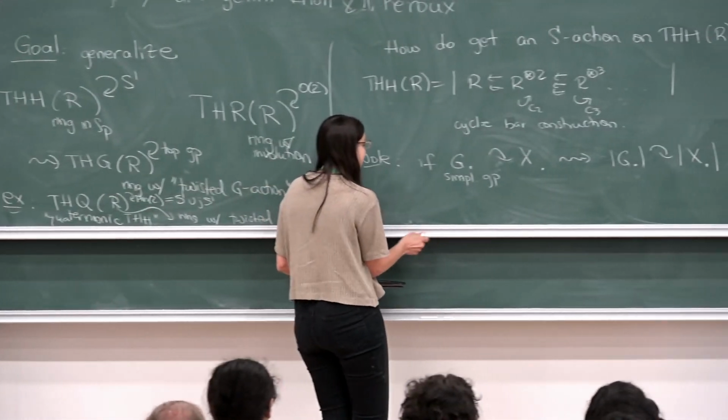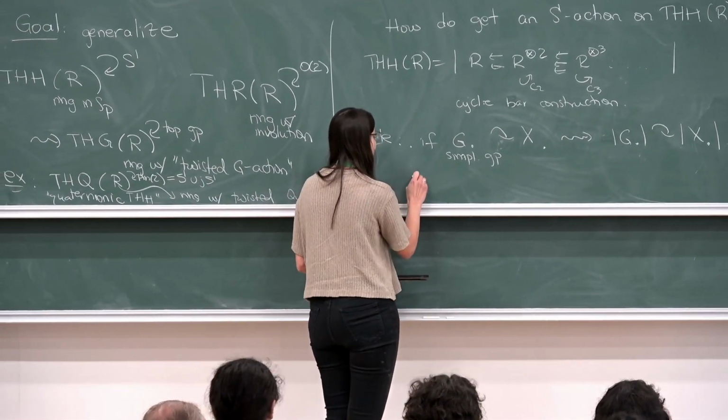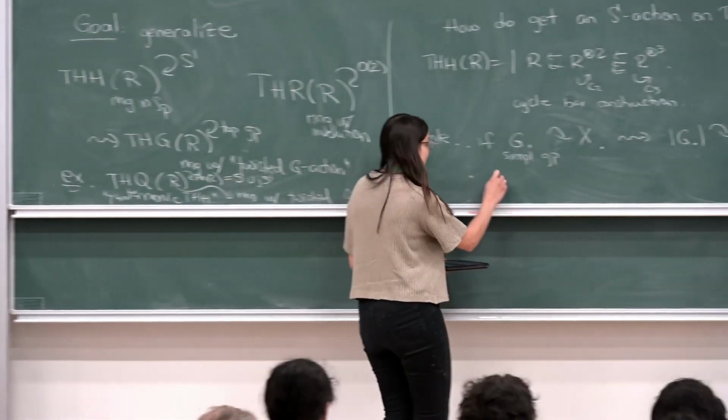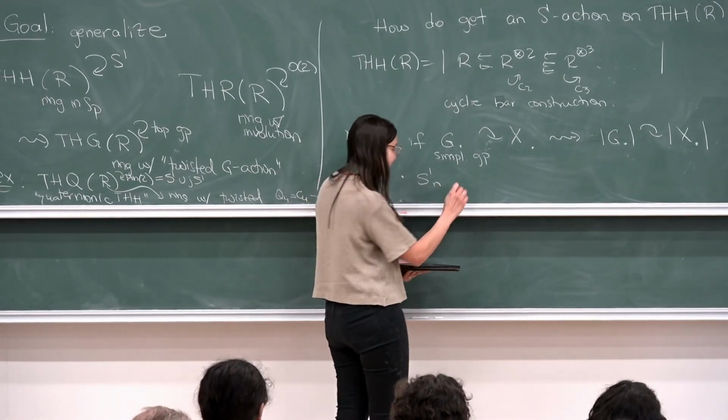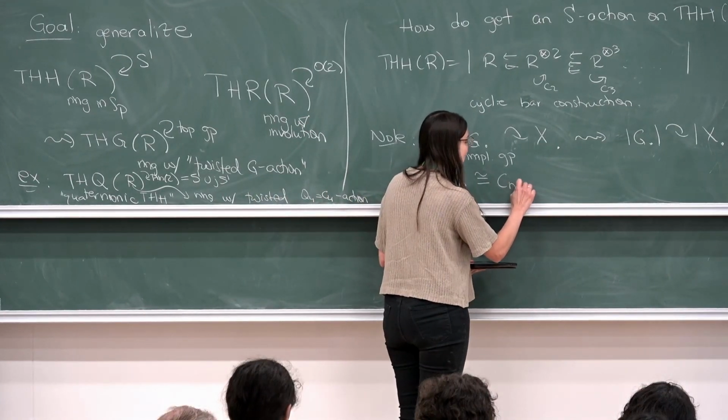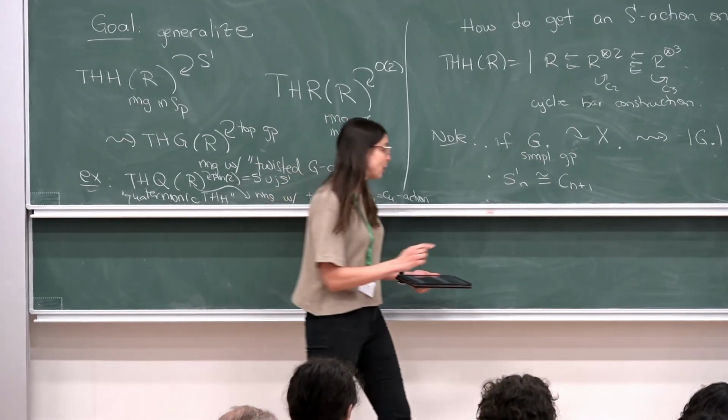And also, let's just note that if we look at the simplicial circle, so S1 at level n, this is isomorphic to C n plus 1, just as a set.